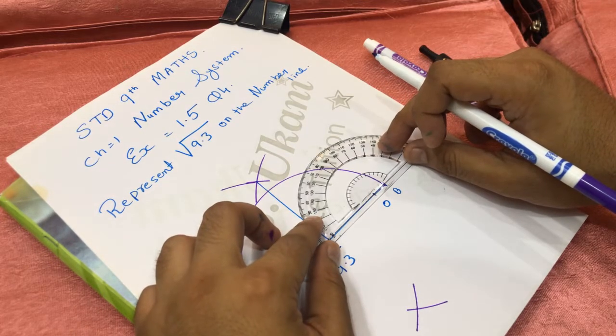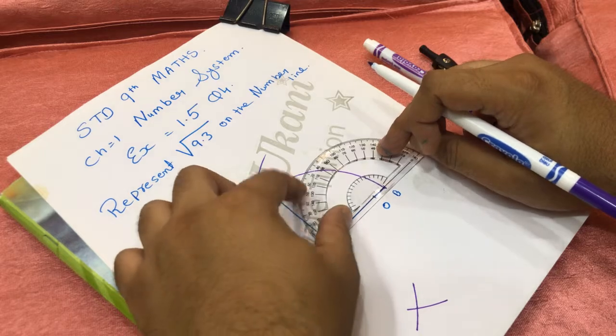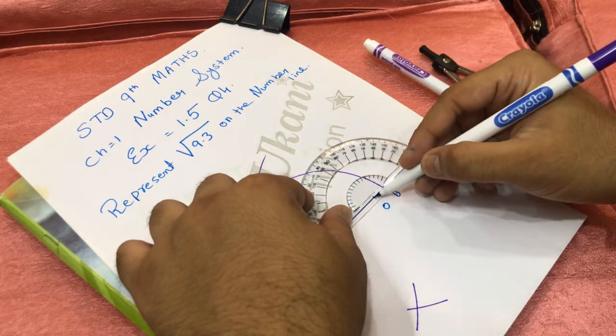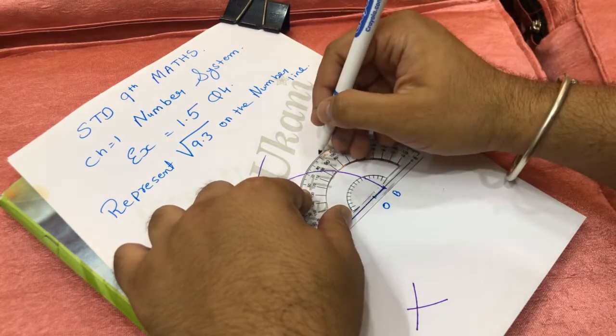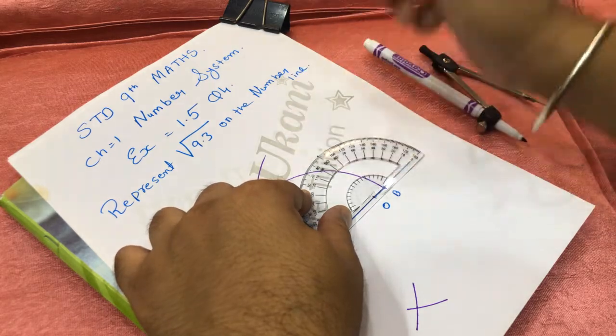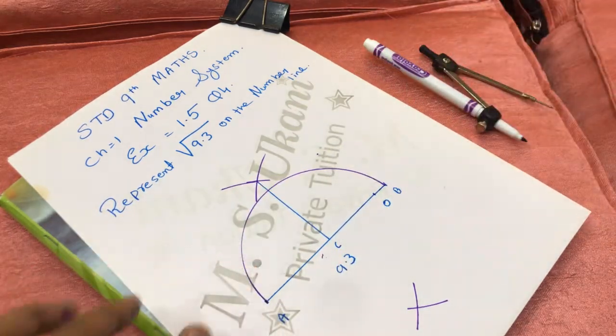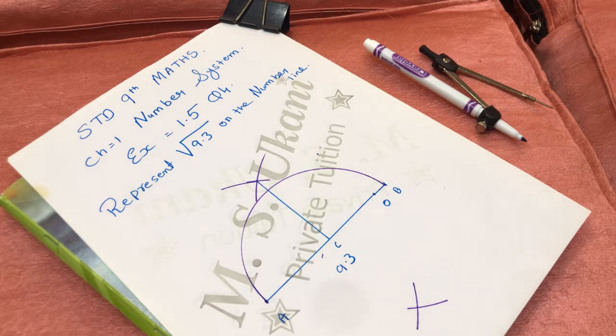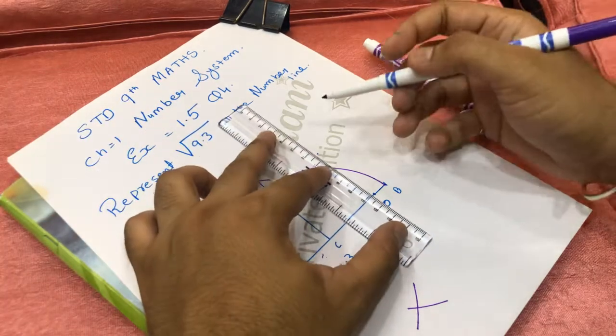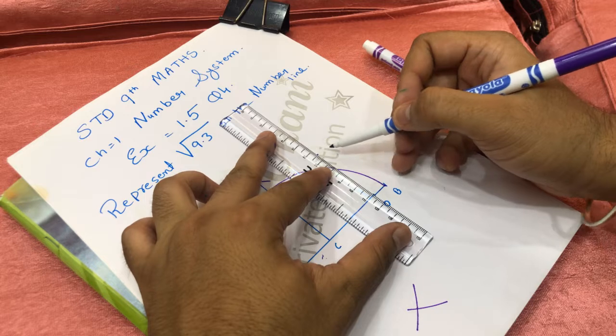So here I am taking a protractor, see, on point O. This is the midpoint, and I have marked 90 degrees here. Now after getting 90 degrees, we have to extend the line touching the semicircle.